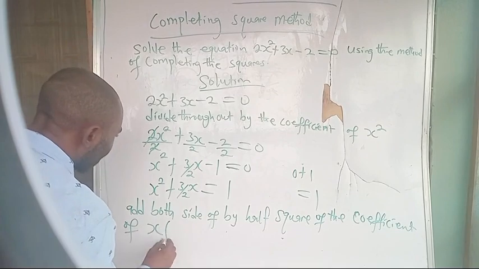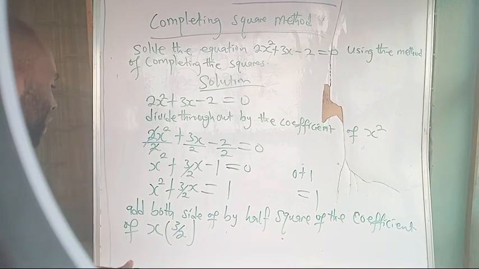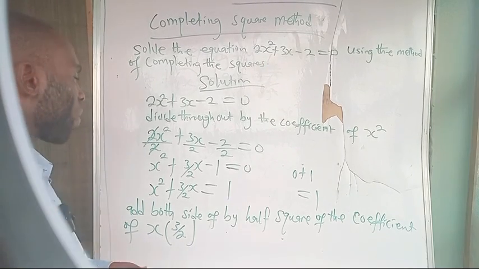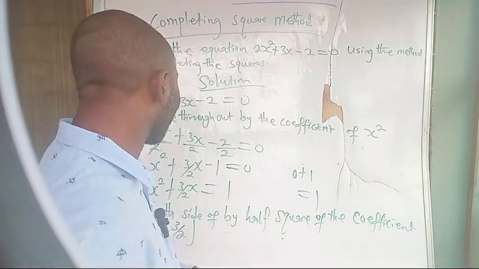And what is the coefficient of x? That is 3 all over 2. So we are going to add to both sides of the equation the half square of the coefficient of x.